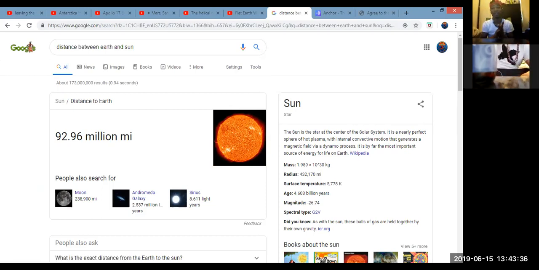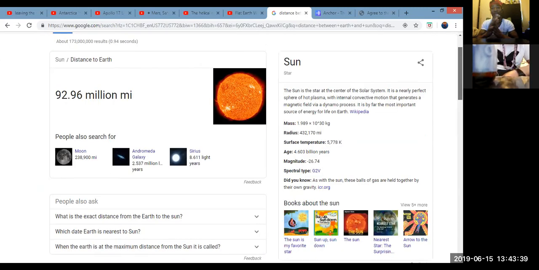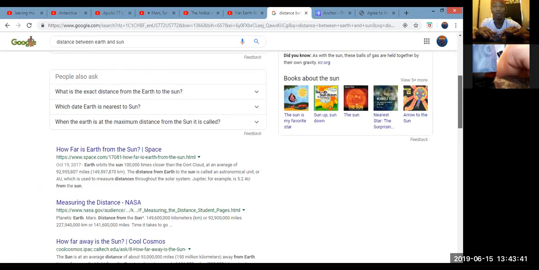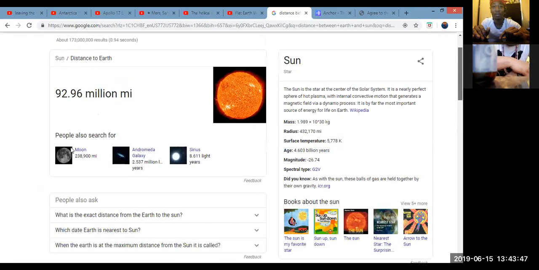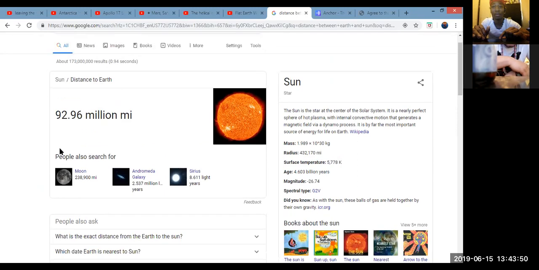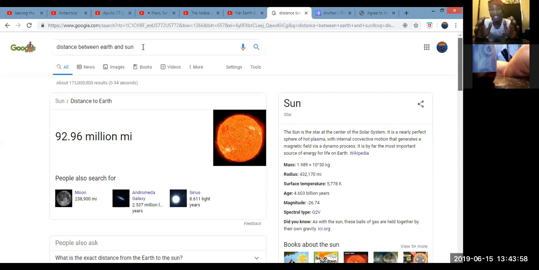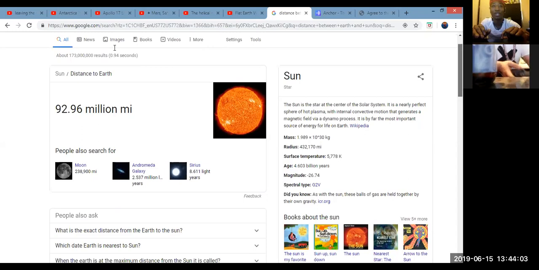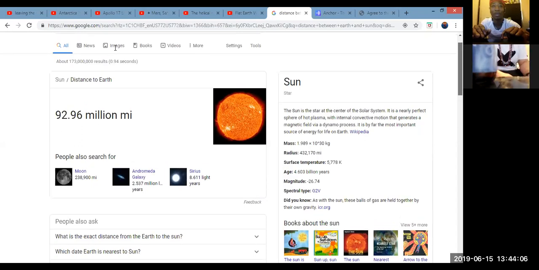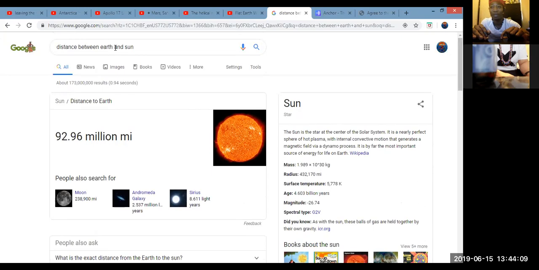I know this cannot be real. They're saying that the distance from the sun to the earth is 92.6 million miles away. I thought this was just 3 million, but this is what they're saying, right? And I want you to sit back and ask yourself, can you see 92.96, 93 million miles away, essentially?